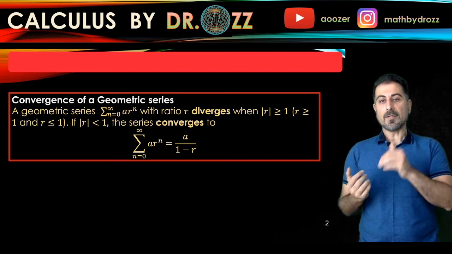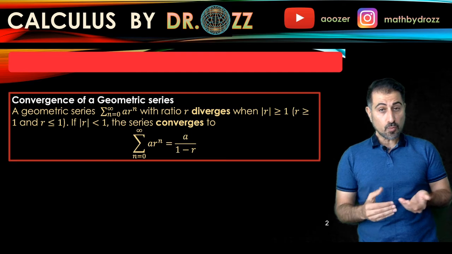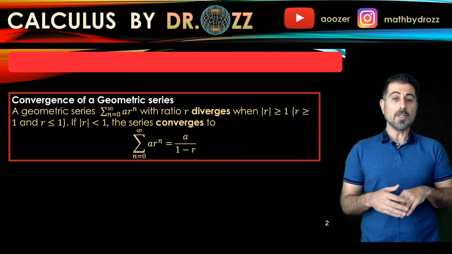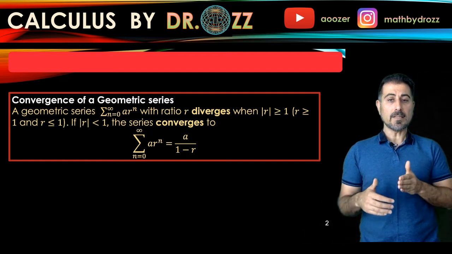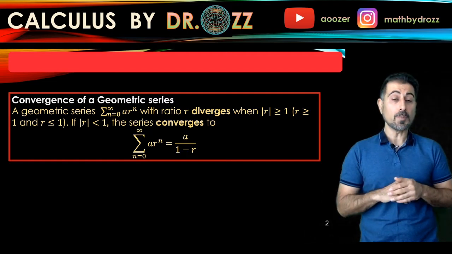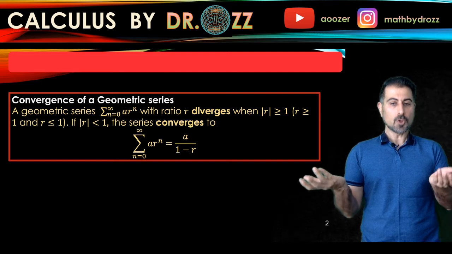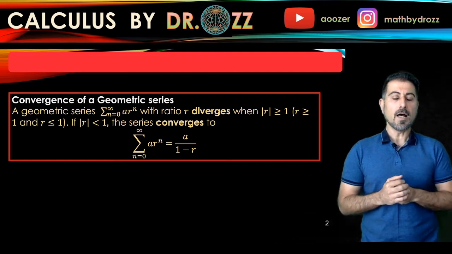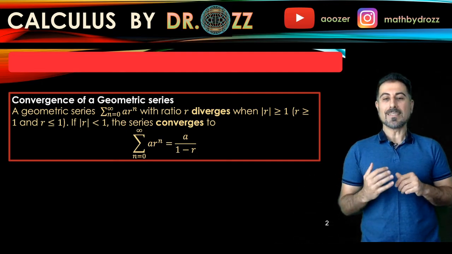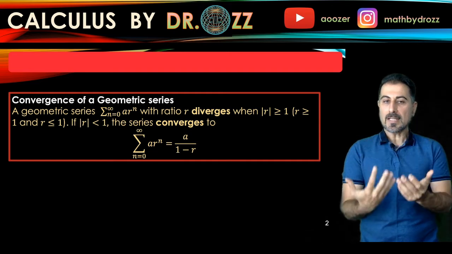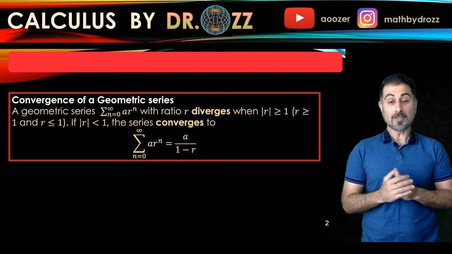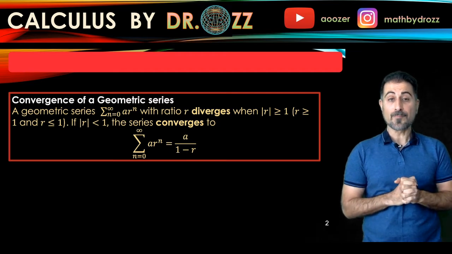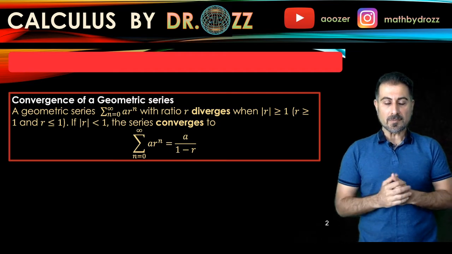For example, if a equals 1 and r equals x, then 1 over 1 minus x is represented by the infinite sum of a times x to the power of n, which is 1 times x to the n. So the geometric series x to the power of n in fact sums up to 1 over 1 minus x. So how do we use this idea to get the power series of the exercises that we have in this video? I'll give you more details of that in the video.